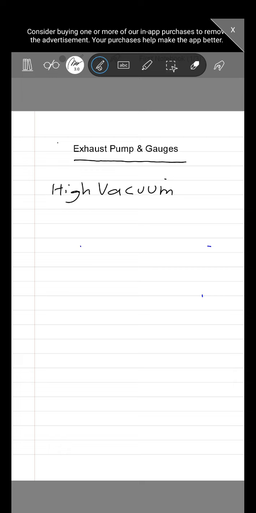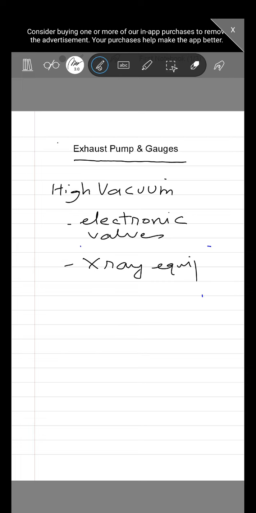It is used in the manufacturing of electronic valves, then X-ray equipment, in a certain branch of chemical industry, and so on.